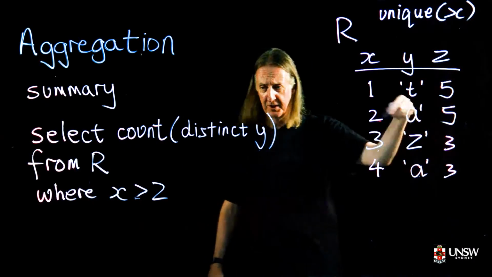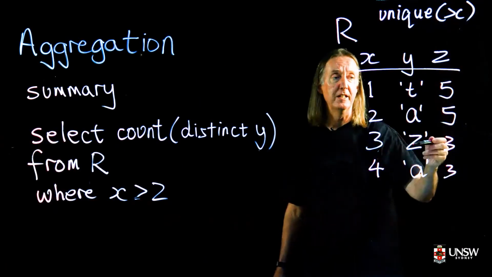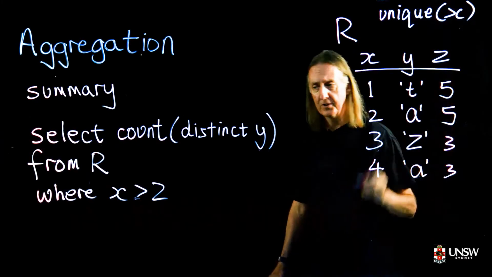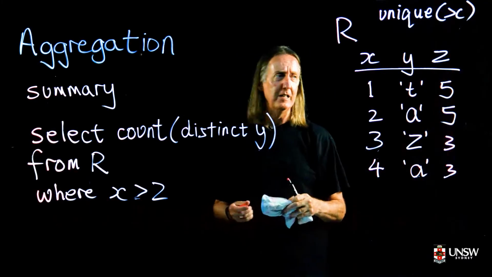So in this case, the result that I get back would be 3. We've got T, we've got A, we've got Z. They're the distinct values in the y column.